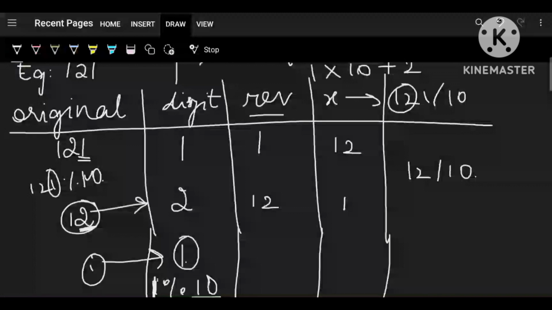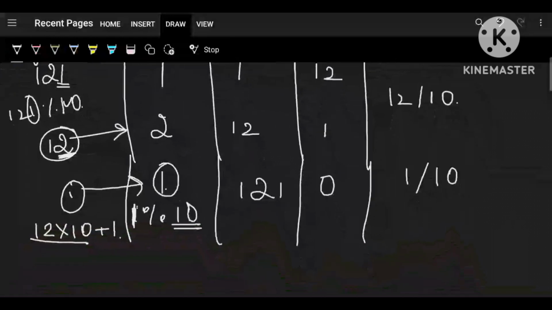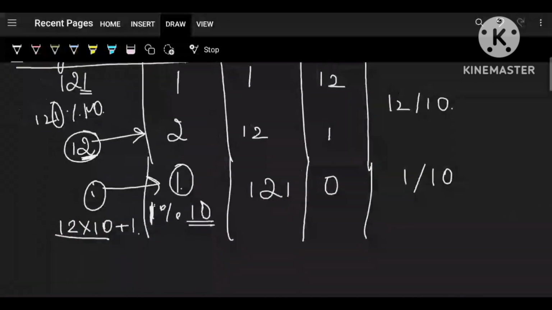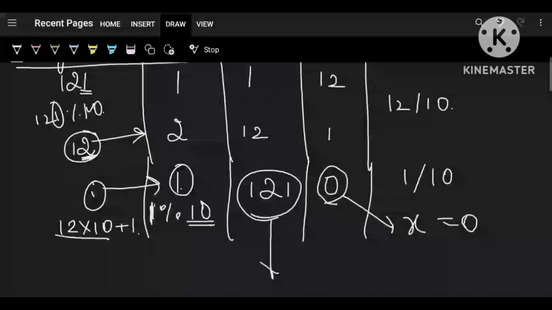So digit is 1, and the reverse is now 12, so 12 into 10 plus 1 is 120 plus 1, 121, and 1 divided by 10 becomes 0. So for the next iteration this condition does not hold because x is equal to 0. The final reverse answer is 121.